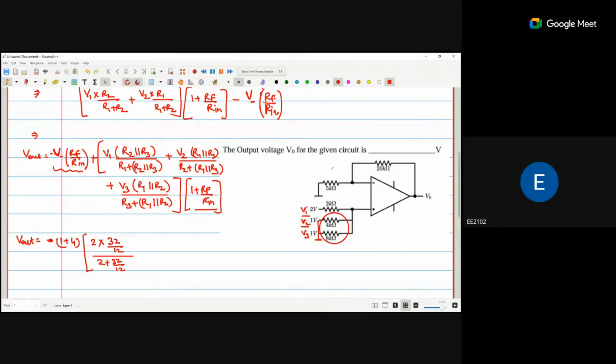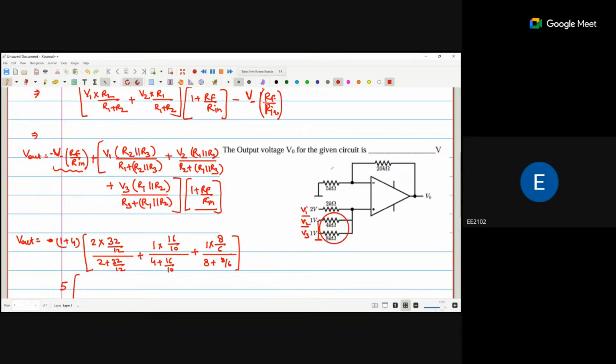Plus 1 into 16 by 10 upon 4 plus 16 by 10, plus 1 into 8 by 6 upon 8 plus 8 by 6.